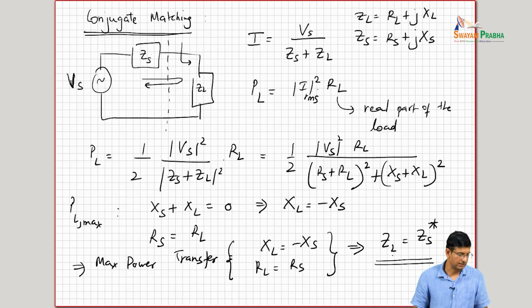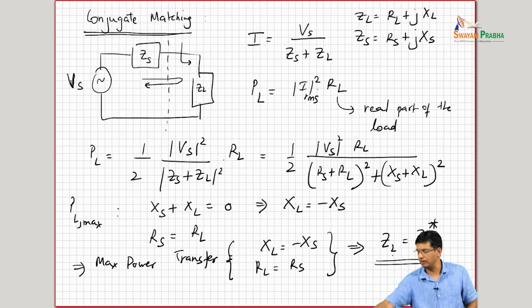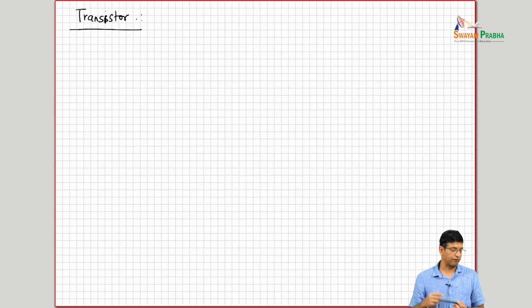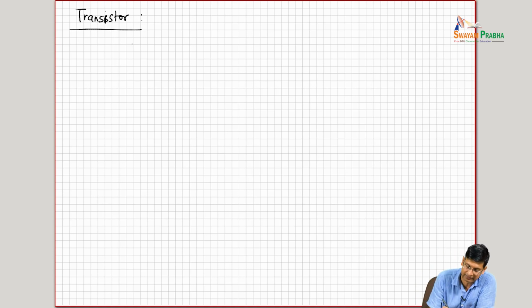So hopefully we reviewed a couple of concepts that will help us going forward, right? But what we like to focus on is the transistor itself, right? And first we think of the transistor, we'll basically characterize it, let's say, as a two-port, right?